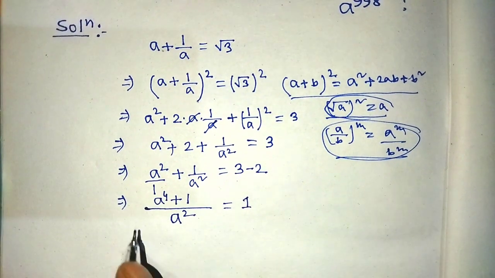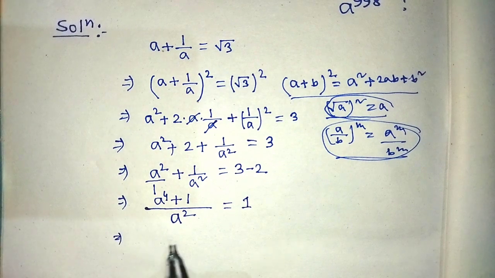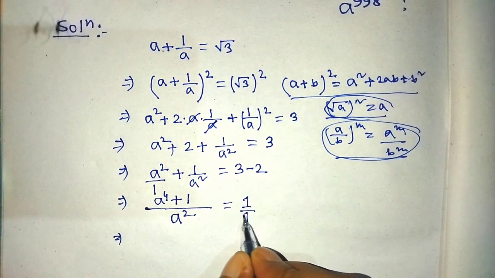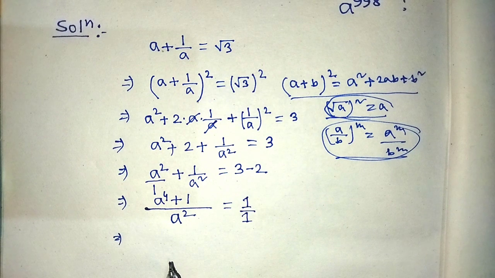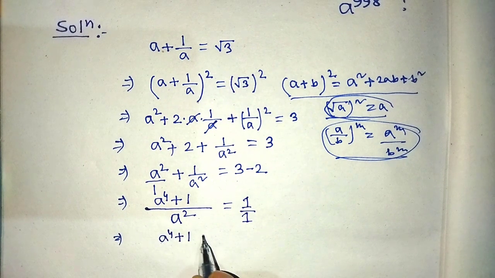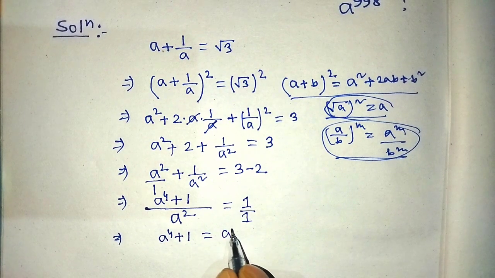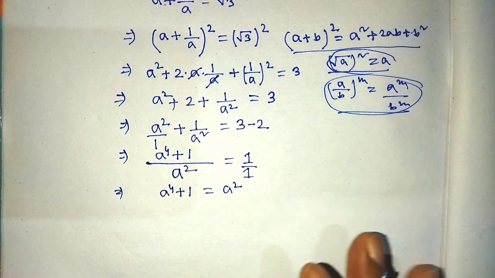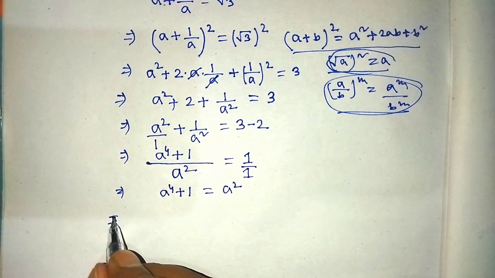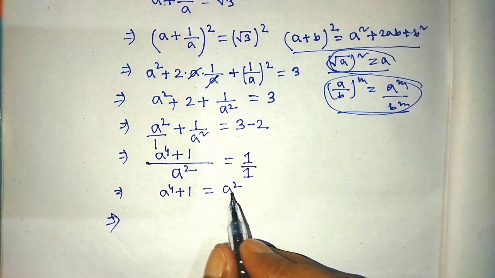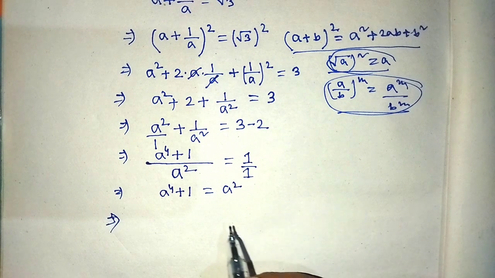After that we apply the cross multiplication rule. On the left hand side we write a to the power 4 plus 1 is equal to a square. After that we transpose a square from the right side to the left side.